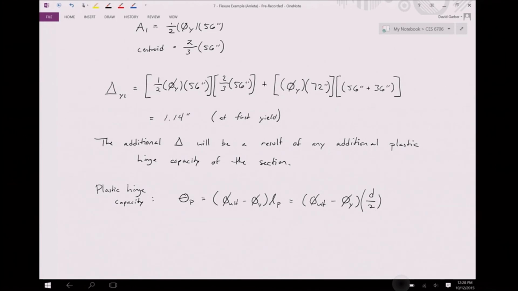And we know our phi ultimate from the first part of the problem, so we'll use just our nominal here, and we just found our yield curvature. We know our d, so this is going to be 18.5 times 10 to the negative third radians.